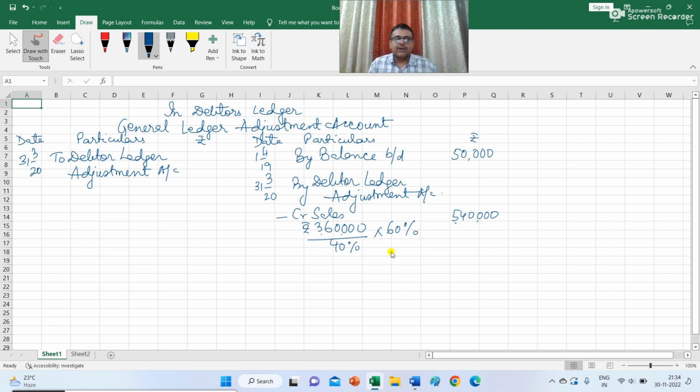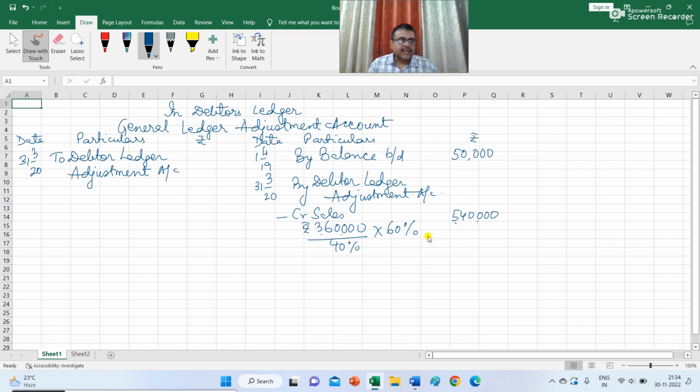I expect you have understood the calculation. 3,60,000 is the amount of cash sales which represents 40% of total sales, so I have divided the amount of cash sales by 40% to get the total sales, then multiplied with 60%, which is the amount of credit sales. So you will get the amount of credit sales being 5,40,000.